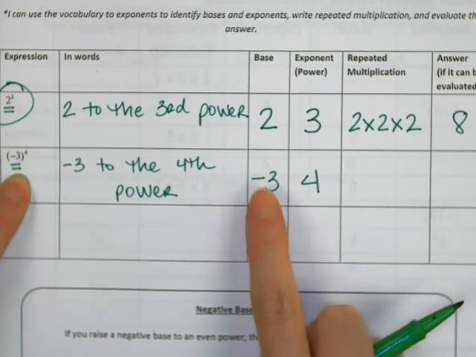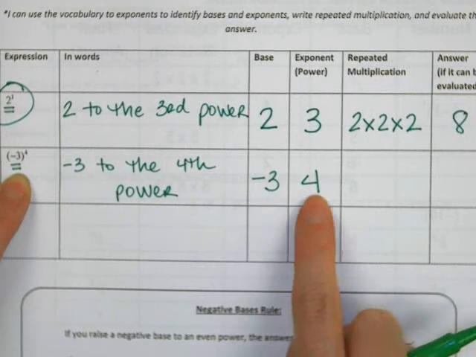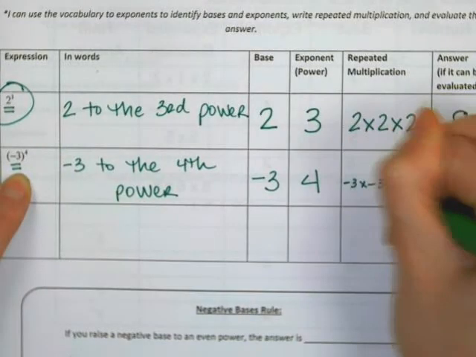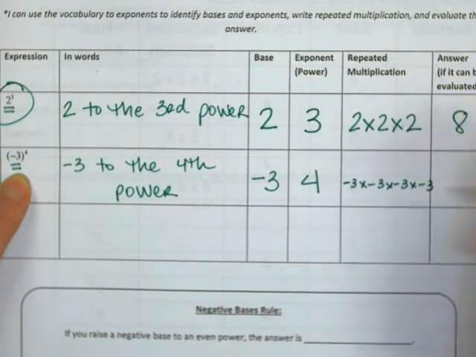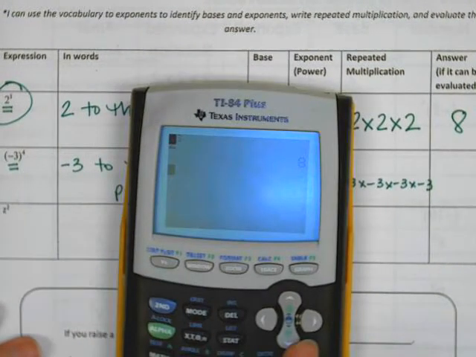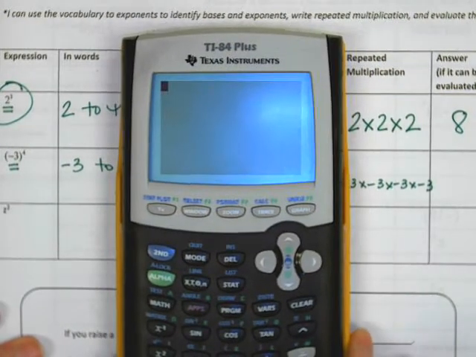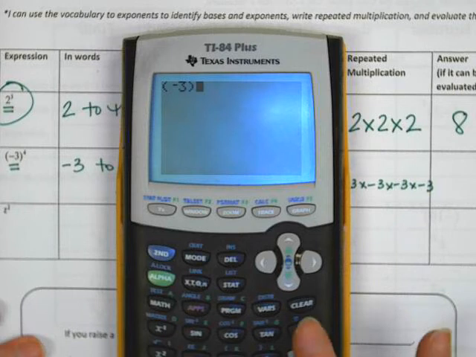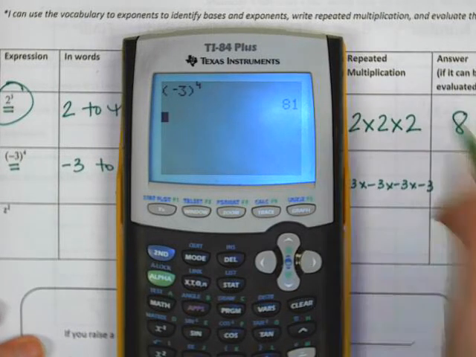You're multiplying -3 by itself 4 times. So -3 times -3 times -3 times -3, 4 times. All right, and then when we type this one in the calculator, you need parentheses. So parentheses, -3 parentheses, and then caret 4, and that's how I got 81.